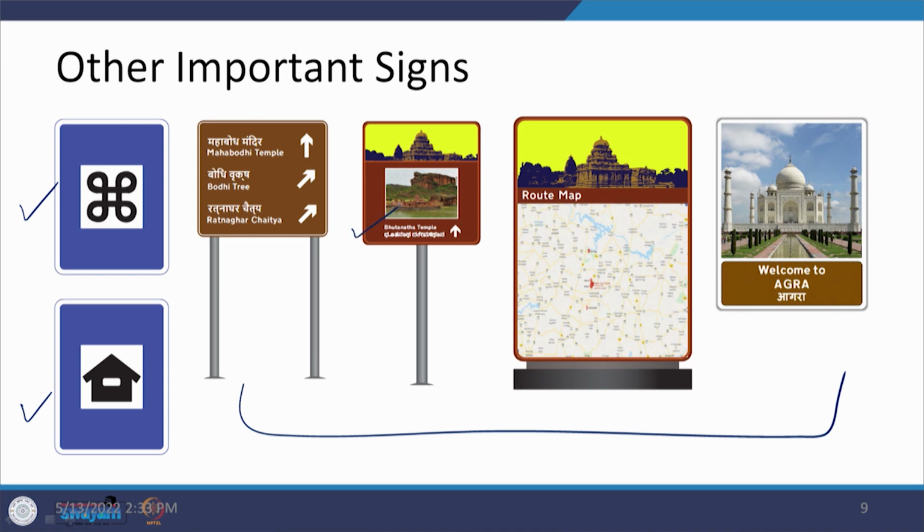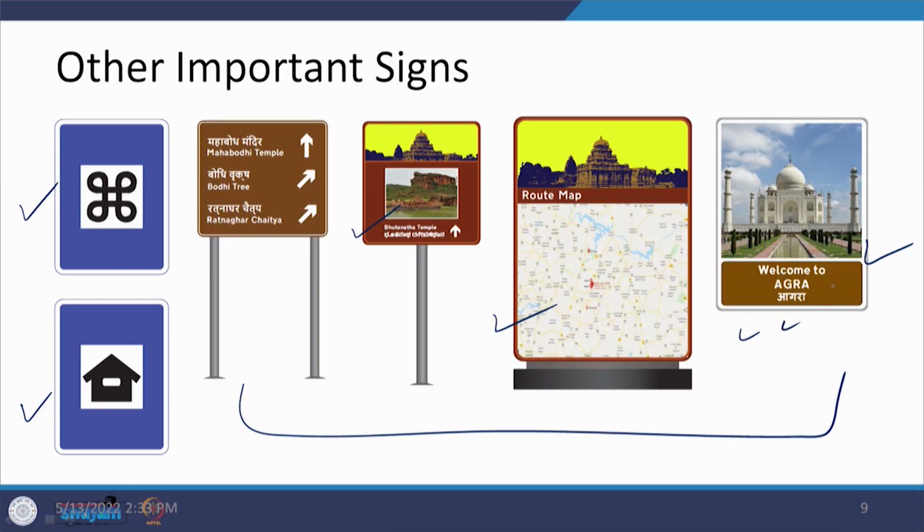And even the photograph can also be utilized to define what type of a monument you are going to visit ahead, or there can be a route map, so that you can identify if you want to go to some other location, then how to take a particular route, or what is the utility, or what is the functional, or what is the attraction value of a particular city. Those things can also be depicted by way of utilizing these type of signs.